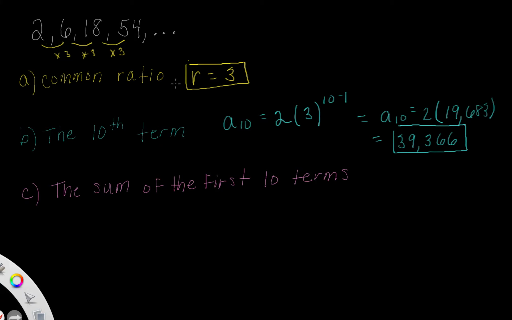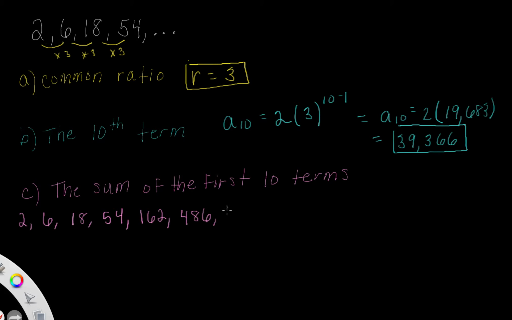We could go through and continue this pattern out. If you do that, we get 2, 6, 18, 54. Multiplying that by 3, we would get 162. Multiplying that by 3, we would get 486.